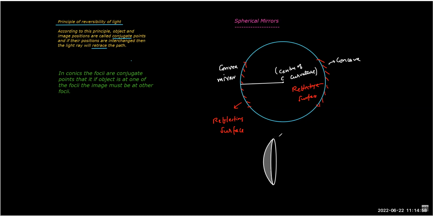So if this is the reflecting mirror, the center of the sphere of which the mirror is part is called the center of curvature.